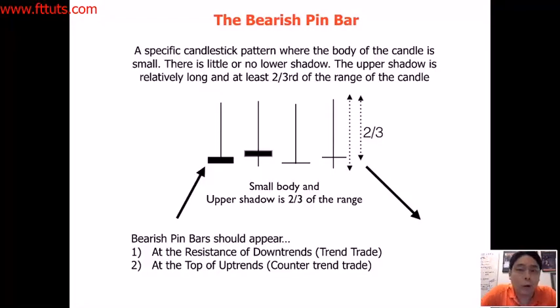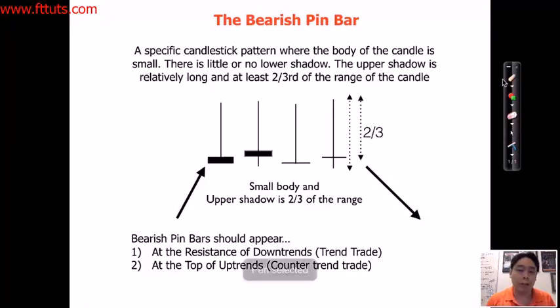All right, so let's take a look at the opposite of the bullish pin bar, which is the bearish pin bar. The bearish pin bar looks similar, except that it's the flip side of the bullish pin bar. You have a small body and a long upper shadow this time, with a small or non-existent lower shadow.